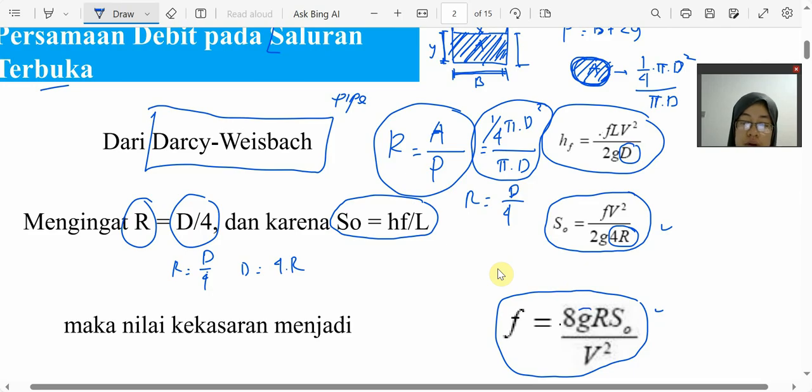There is gravity, and also the hydraulic radius, and the slope of the channels, and also the velocity. So these parameters will impact the friction factor.